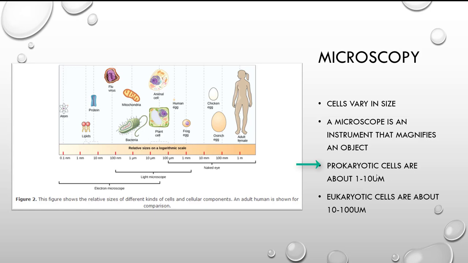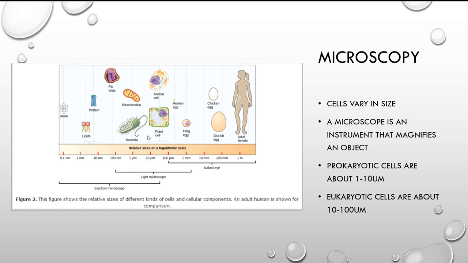Prokaryotes, remember, those would be bacteria and archaea, range anywhere from 1 to 10 micrometers. Remember micrometers? Micro is 10 to the minus 6, so that's really, really small. So here's 1 micrometer to 10 micrometers. This is the relative size of a bacterial cell, anywhere from here to here.